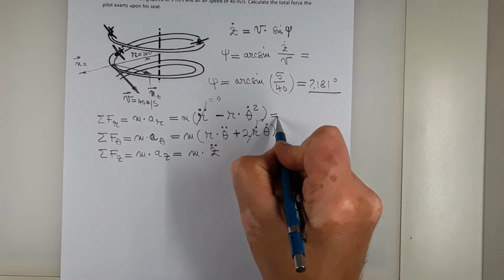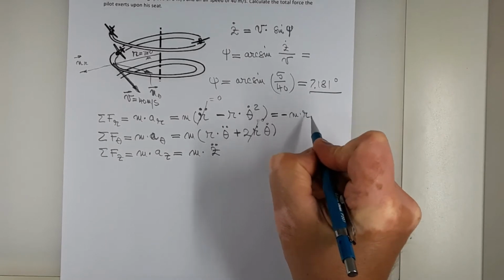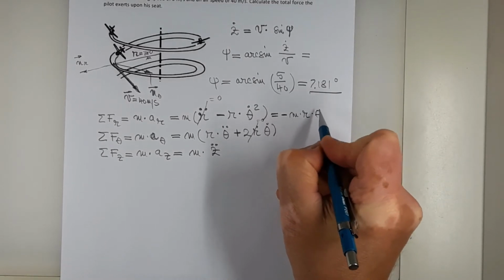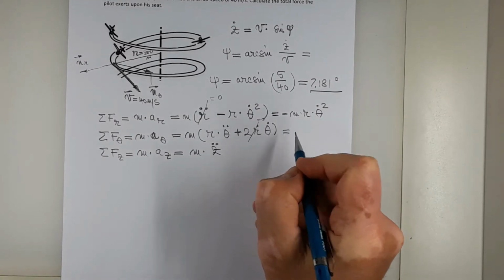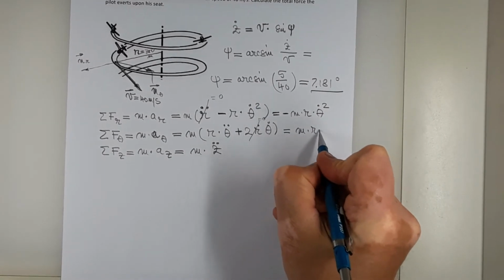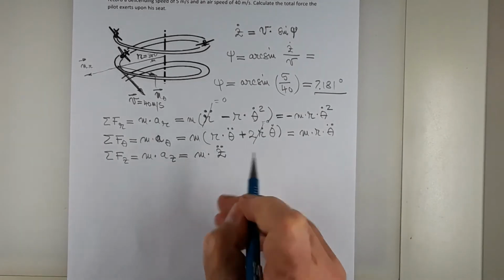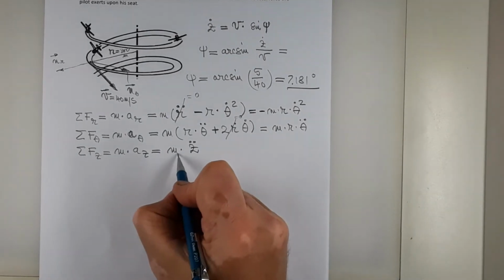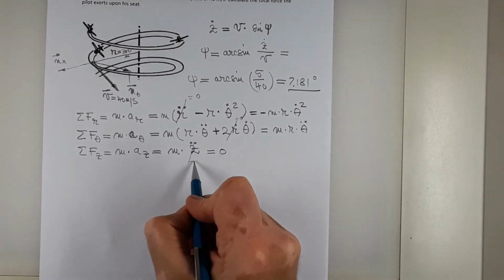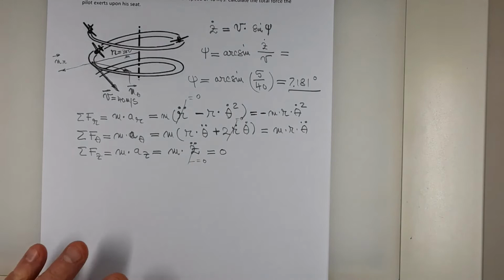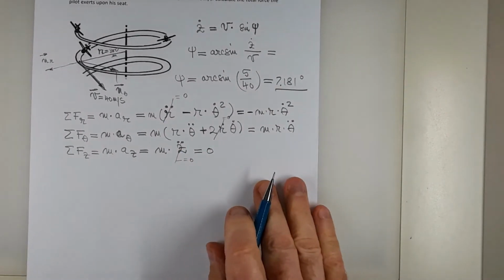So the radial term equals negative mass times radius times theta dot squared. This one is mass times radius times theta double dot, and z double dot is 0 because z dot is constant.